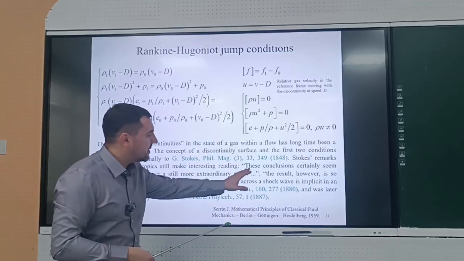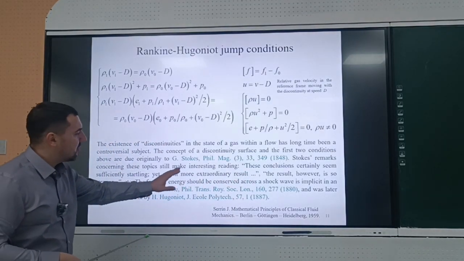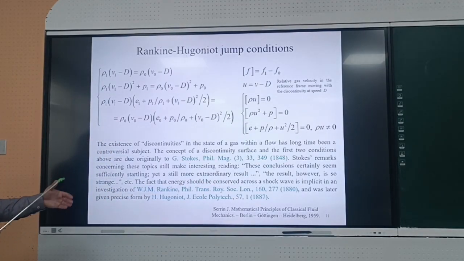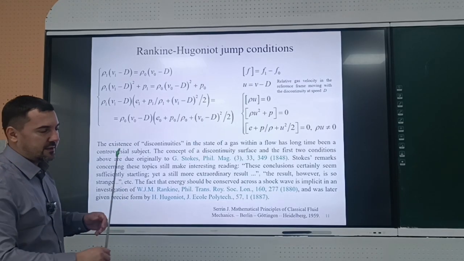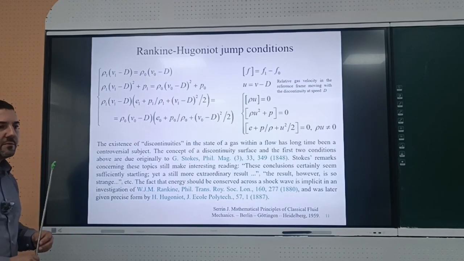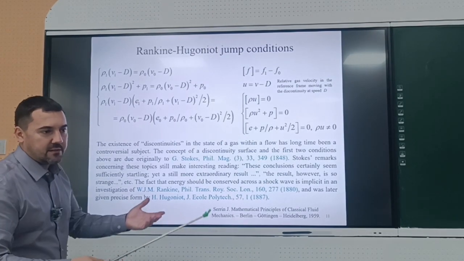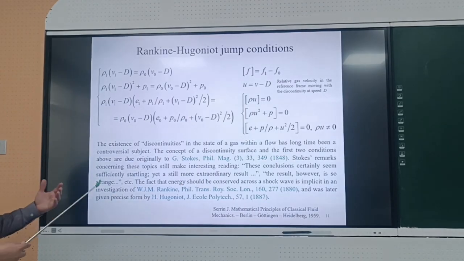He used these words: "These conclusions certainly seem sufficiently startling, yet a still more extraordinary result. The result, however, is so strange," and so on. So the results are not usual. For a long time, people were not sure that there exists some strong discontinuity in parameters in gas. It was not intuitively accepted.